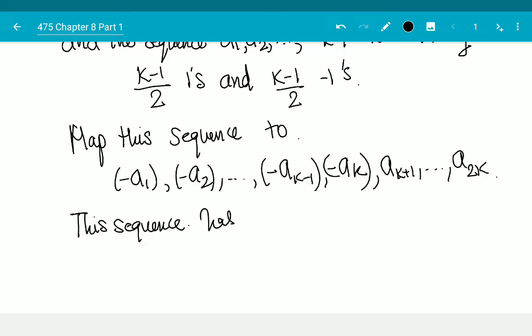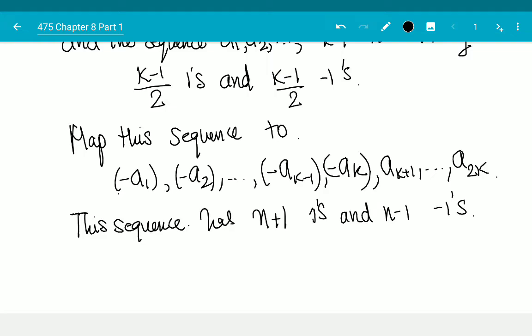Well, there are (k-1)/2 negative ones from 1 to k-1. So when you flip all of that, it preserves the number of negative ones and ones. But you have flipped one extra negative 1. So you have, well, not k plus 1, n plus 1 ones and n minus 1 negative ones, right?